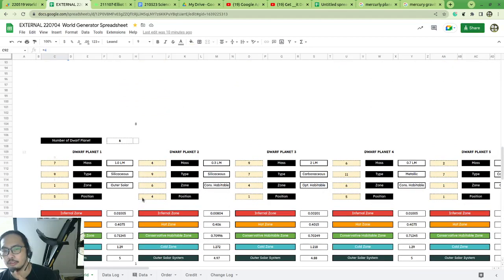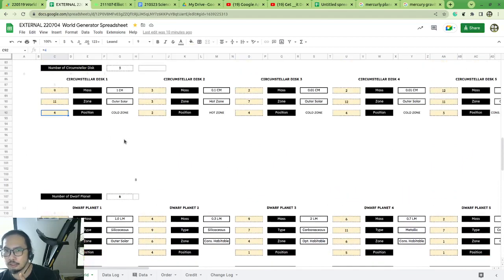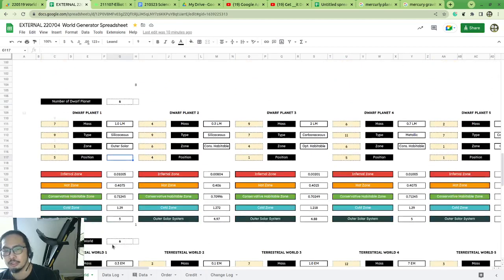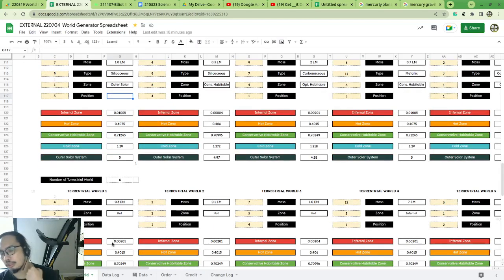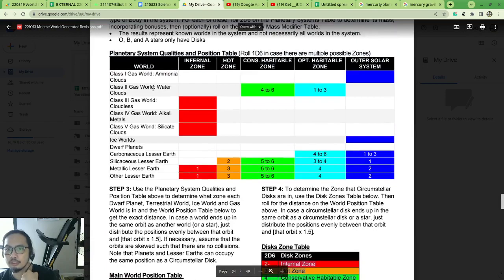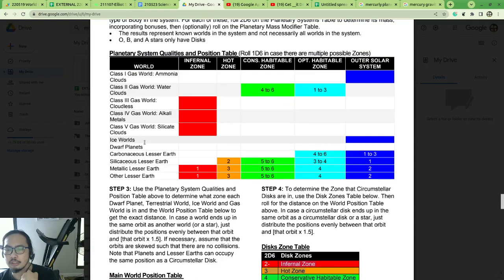Dwarf planet. I think it's going to be just like this. Have to be clear, should be any zone. Terrestrial world. Oh, it follows that other one. That's going to be a headache.